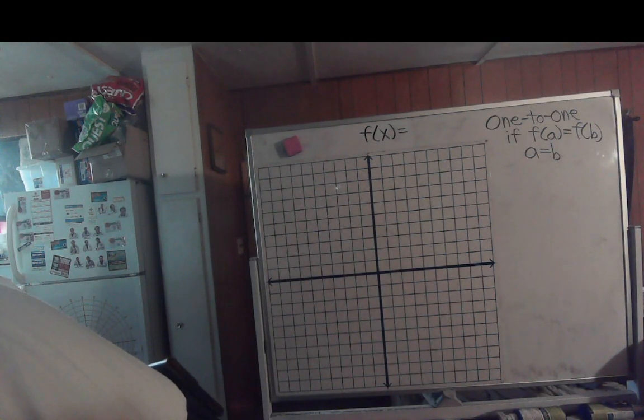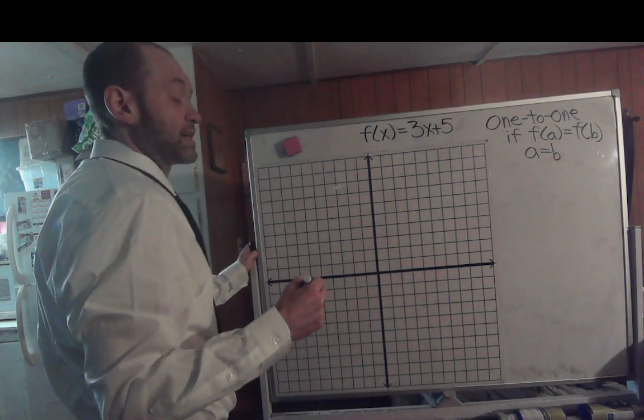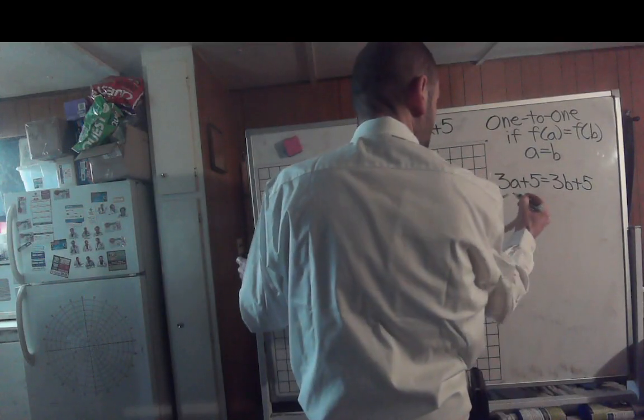F of x equals 3x plus 5. So you would take 3a plus 5, set that equal to 3b plus 5, which would give you 3a equals 3b, which means a would equal b.